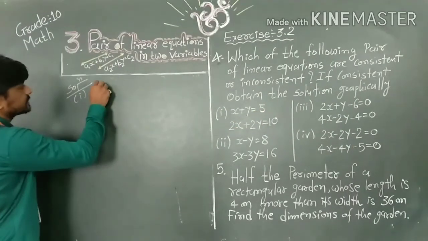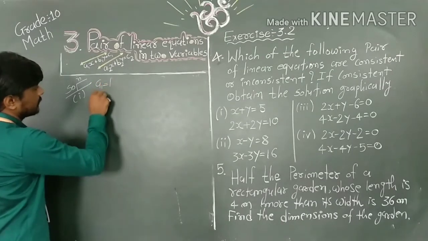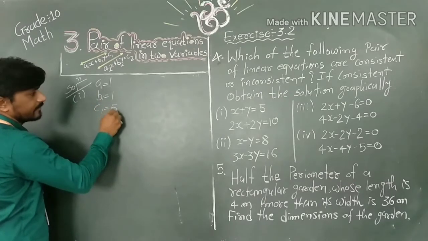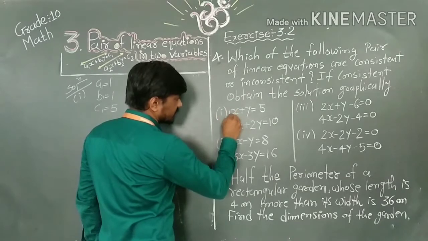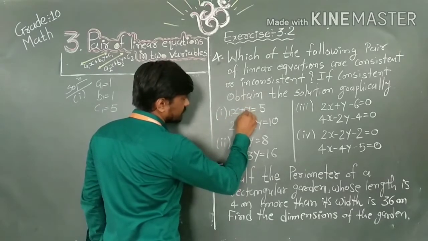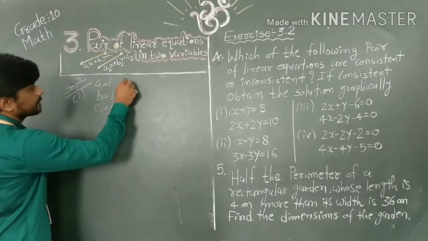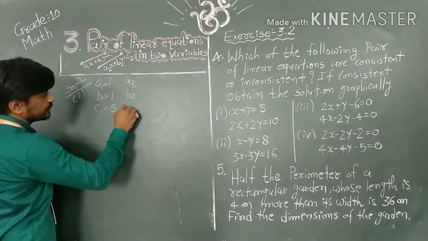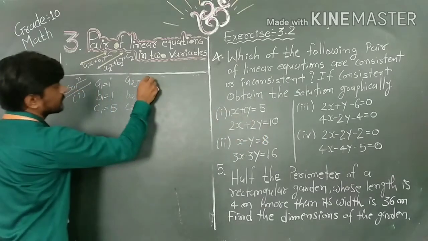Therefore I write a1 is equal to 1, b1 is equal to 1, c1 is equal to 5. Here there is one coefficient of y, that means 1 into y. In a similar way for the second equation, a2 is equal to 2, b2 is 2 and c2 is 10.